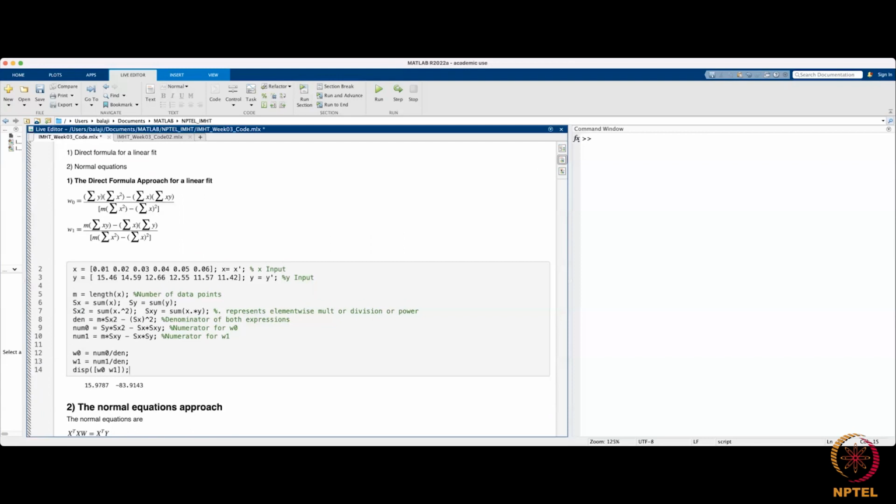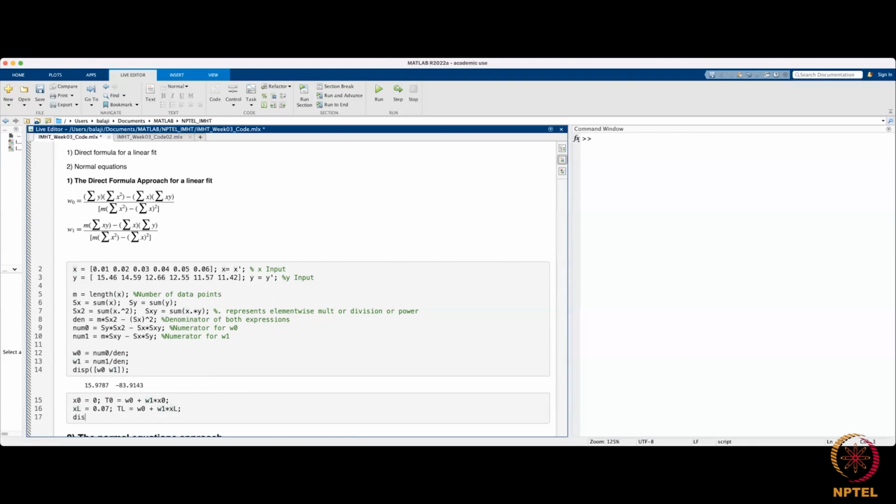So if you wish, you can find out T0 as W0 plus W1 times X0. You can just call X0 as 0, the location 0. Similarly, X at the right end is 0.07. You can now find out TL as W0 plus W1 times XL.